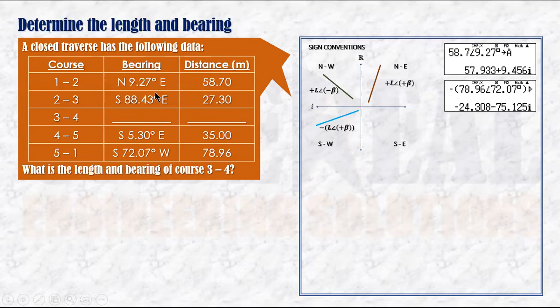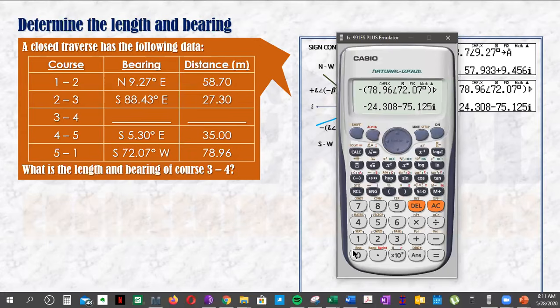Now let's try. Is there a northwest here? None. But let me try anyway. Let's say 100 angle negative 30. Making this negative 30 will give me a result equal to, for sure, 50 square root of 3 minus 50i.